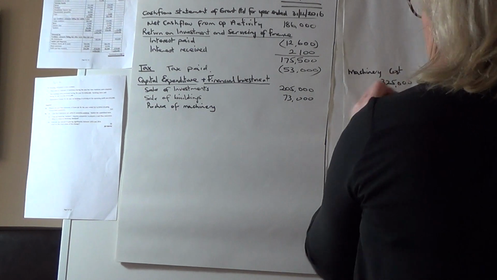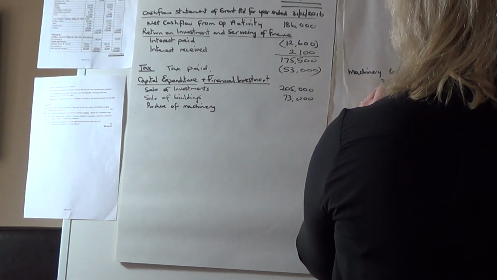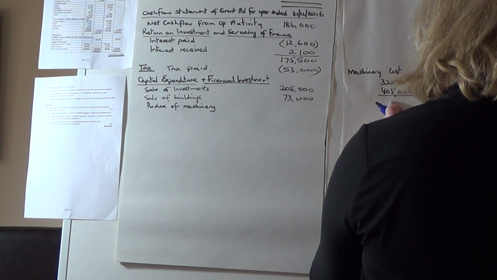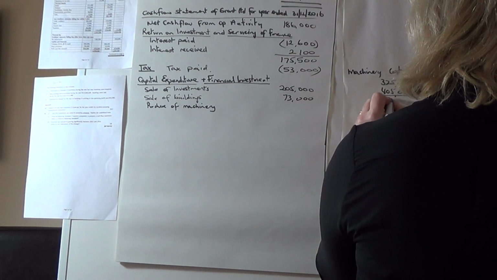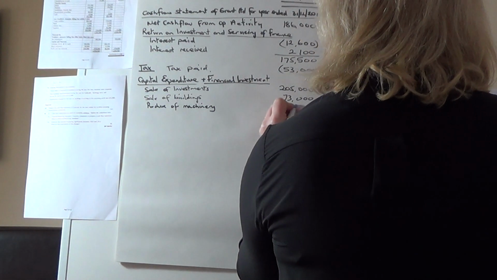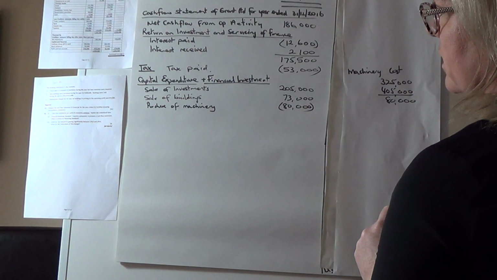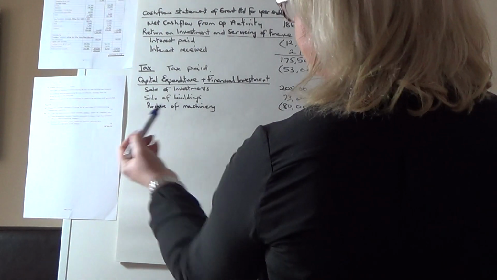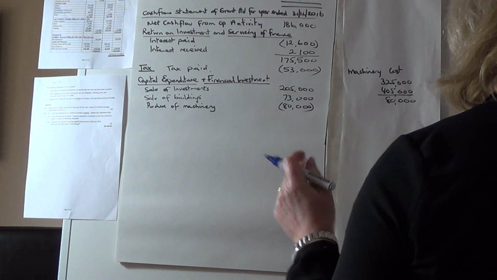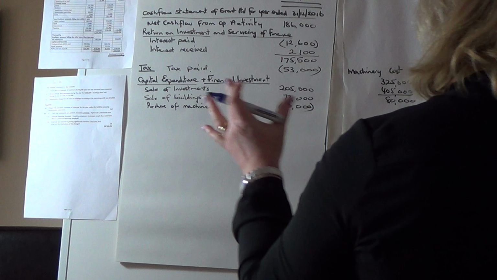And they have moved down to 405, so there's no other information on it, so therefore we have purchased machinery of 80,000. So again, that's a minus. If we purchase, a minus to our cash flow. And continue on to look at our fixed assets.